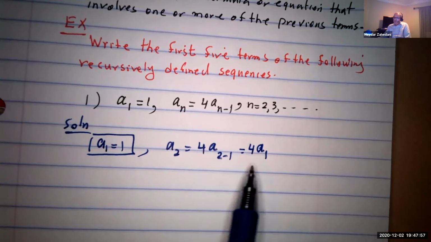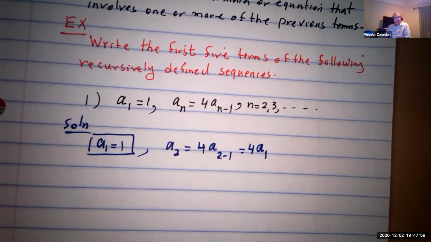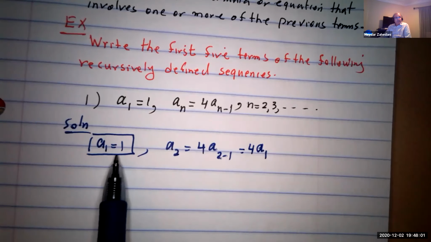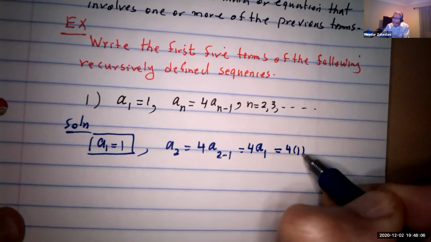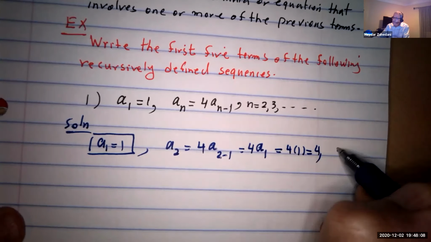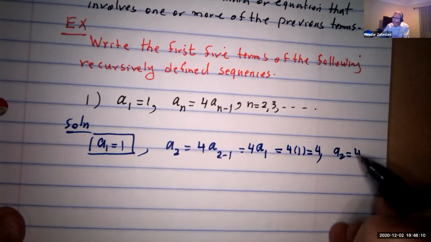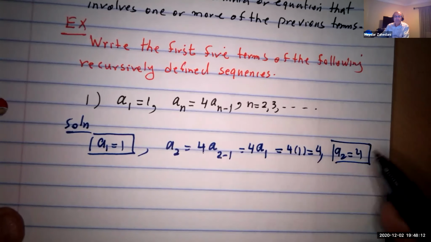So a2 is 4 times the previous term, a1, but a1 is 1. So it's going to be 4 times 1, which is equal to 4. So a2 is equal to 4. Any question?